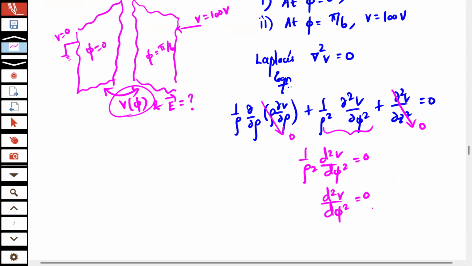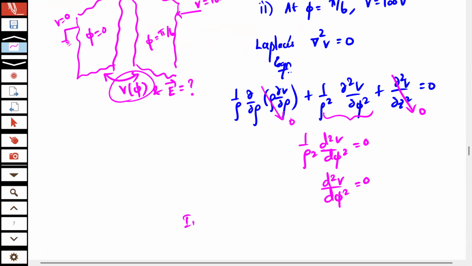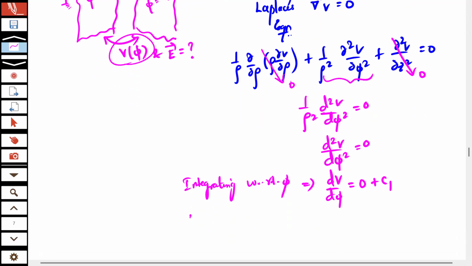Rho multiplying with 0 on the right hand side will give d square V by d phi square equals 0. Now integrating with respect to phi will give dV by d phi equals integration of 0, which is 0, plus constant C1. Now integrating with respect to phi one more time will give C1 phi plus C2.